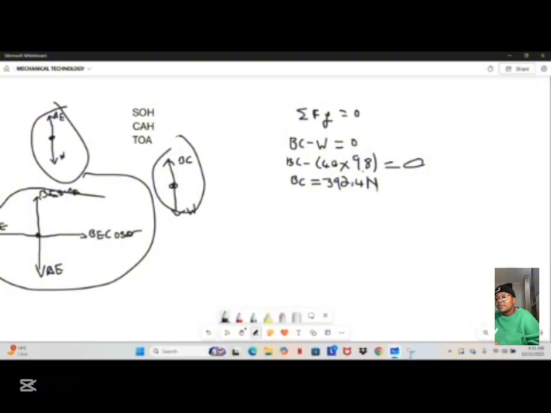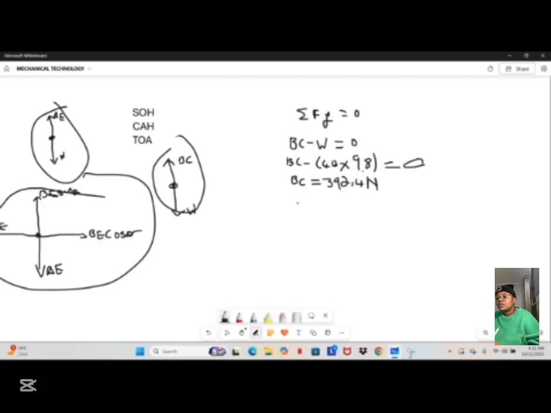Okay, we're gonna have the sum of Fy equal to 0. We should always remember this, please. No matter what, always remember that.